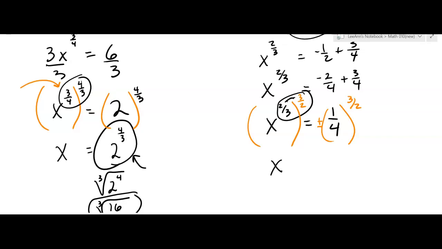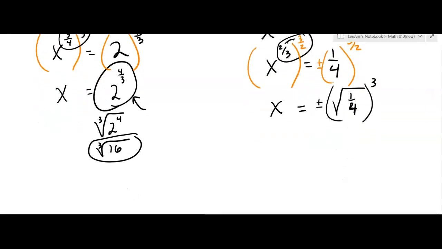X equals. Okay. So now on the other side, I'm going to have plus or minus. I'm going to write this in the radical form. So it's the square root of 1/4, cubed. Now I am going to do that because I can simplify it. So I'm going to have x equals plus or minus, and then the square root of 1/4 is 1/2, but I have to cube that, so x equals plus or minus 1/8.